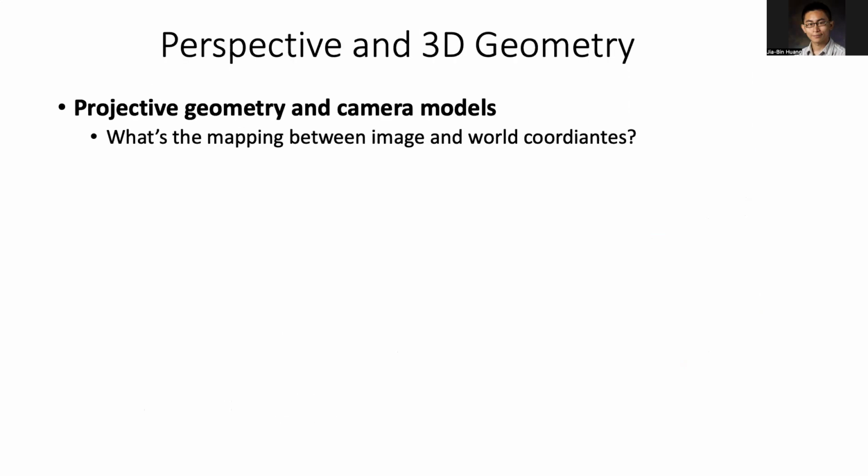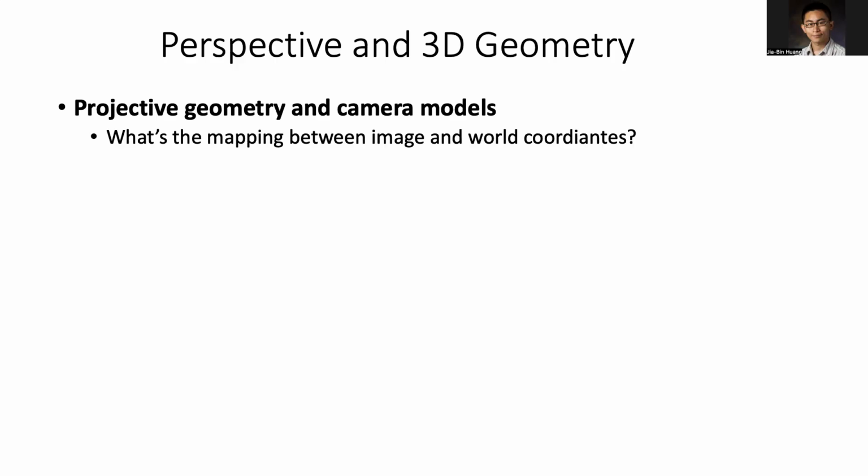So what we're going to talk about in the third module, starting with this lecture, is that we want to understand the mathematical model between a 3D point in space and the point you get if you capture it in an image. In the 2D image, it's just x and y, a two-dimensional point.